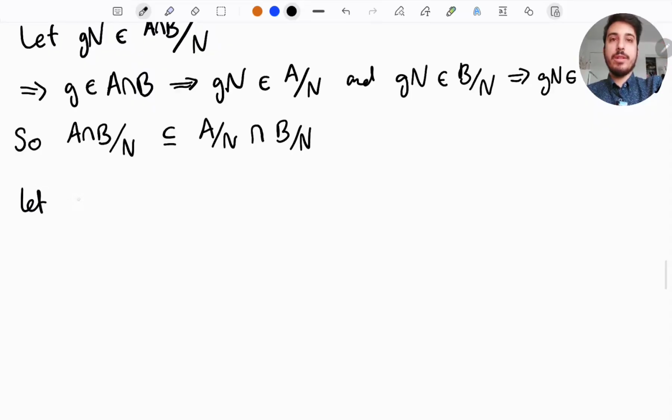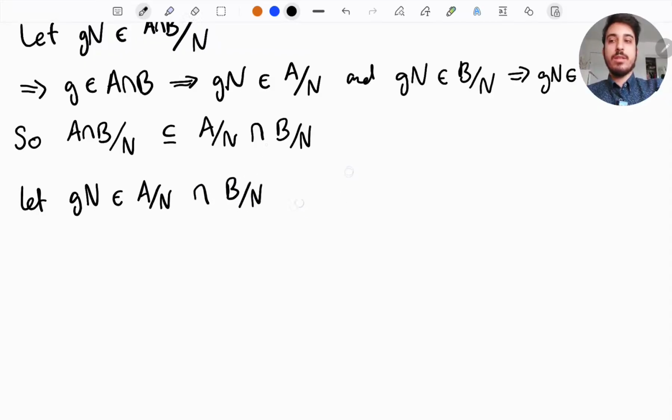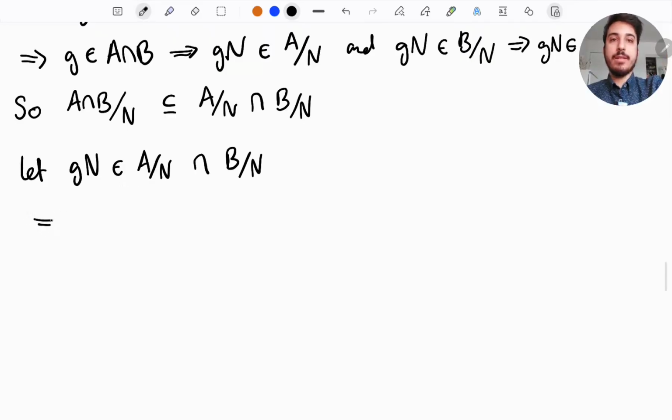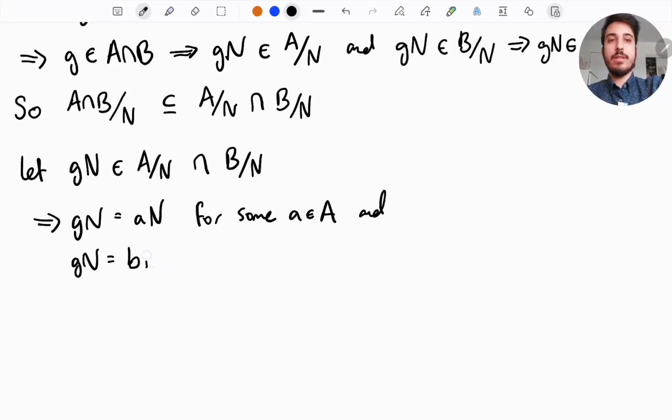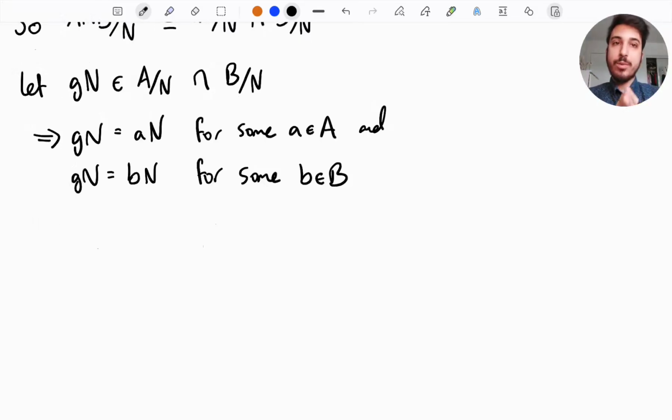Now, backward inclusion. Let gN be an element in the intersection of AN and BN. This means that gN is equal to aN for some a in A, and gN is equal to bN for some b in B. So because we have that gN is equal to aN and equal to bN, we can say that aN is equal to bN.